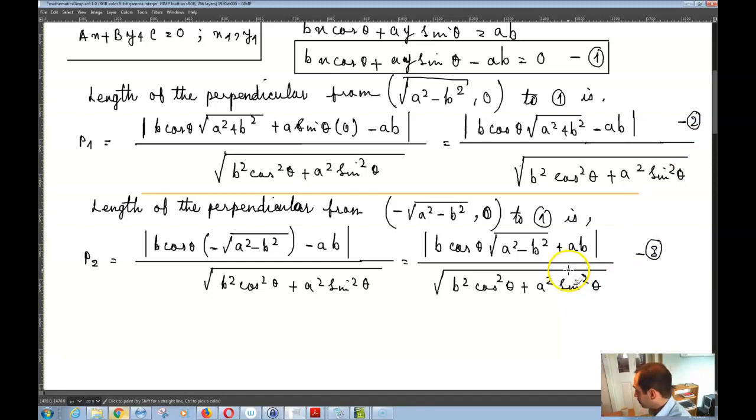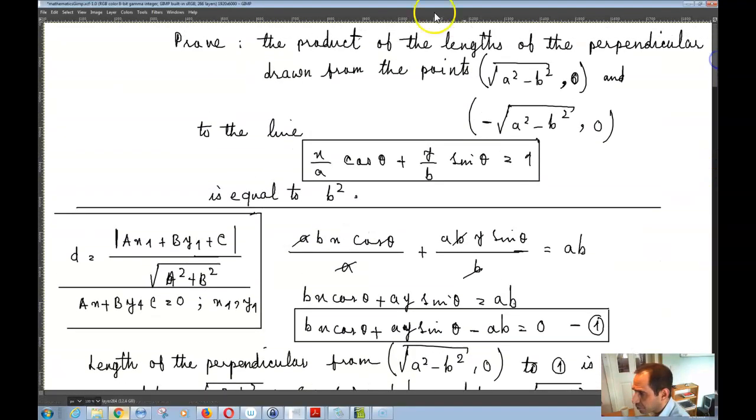Now on multiplying equations 2 and 3 we obtain, since we wanted to find the product of the lengths of the perpendiculars drawn from these two points.